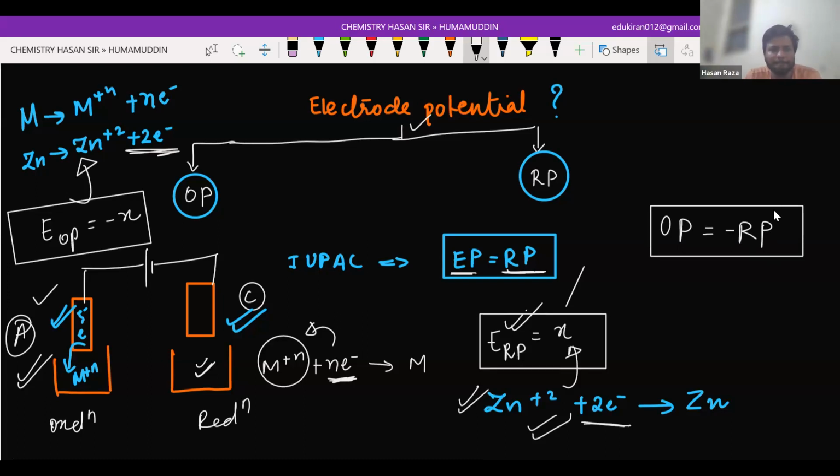Yes or no? Yes, sir. So please do write this point, OP, RP. This point is important. Don't write all. I just needed to prove that this reduction potential and oxidation potential are numerically equal, but they are opposite in sign.